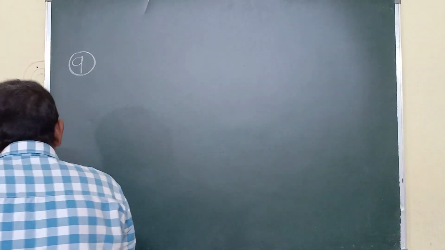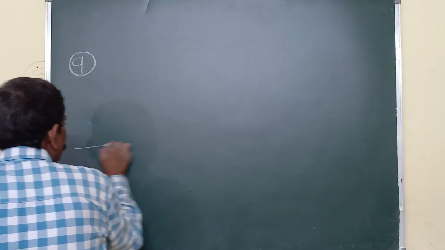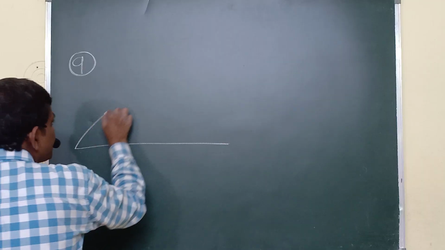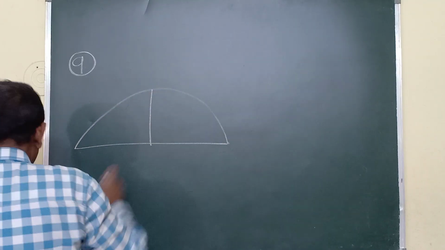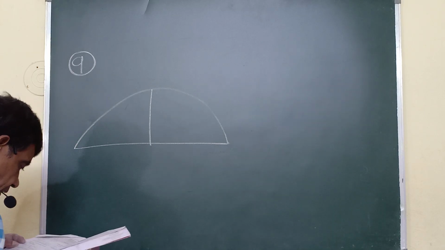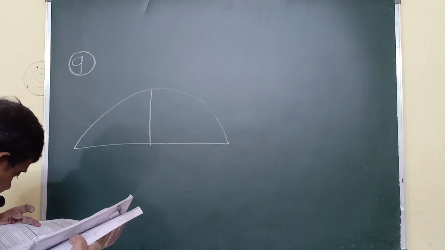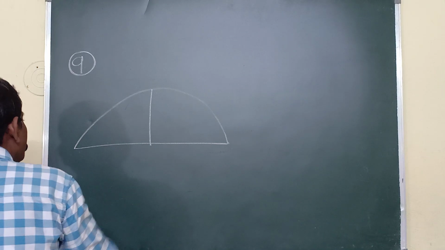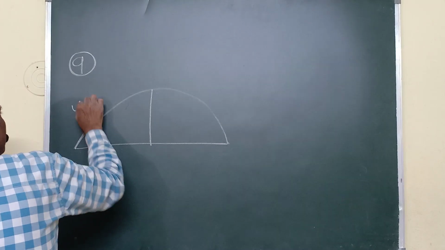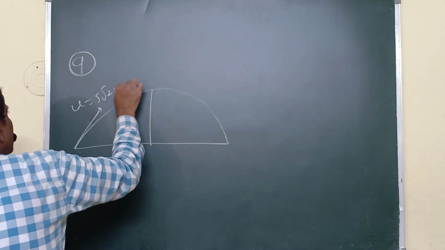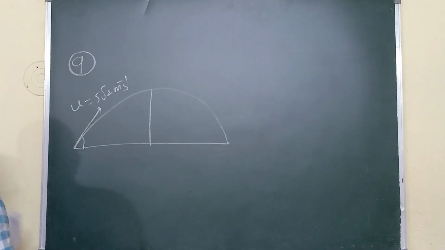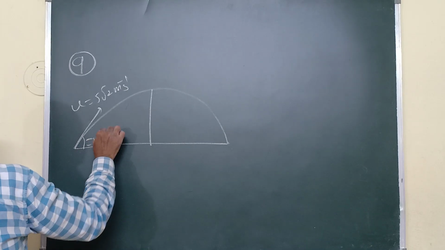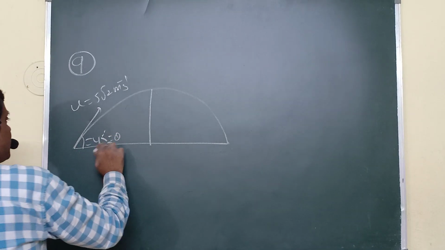So here what happens? One body is projected with a 5 root 2 meter per second velocity, and it is making an angle of 45 degrees.